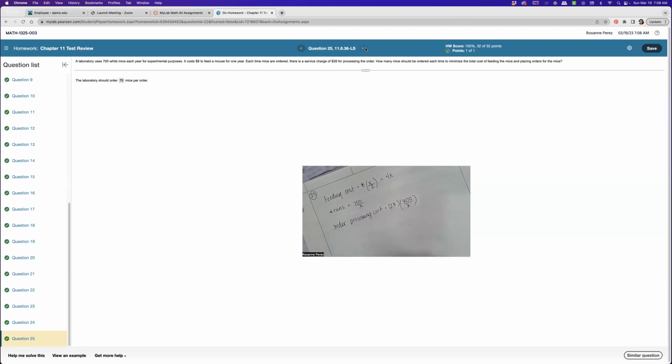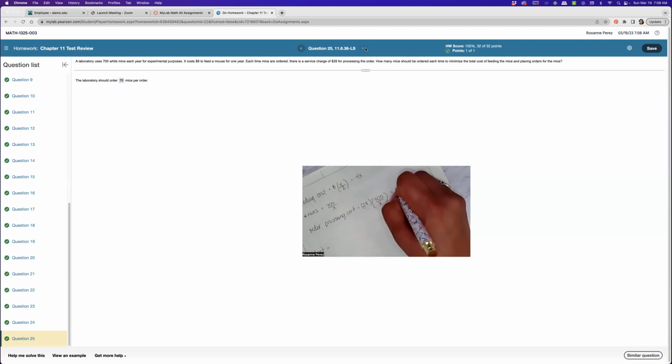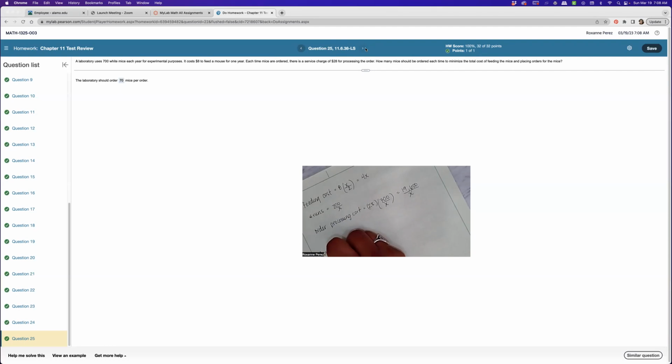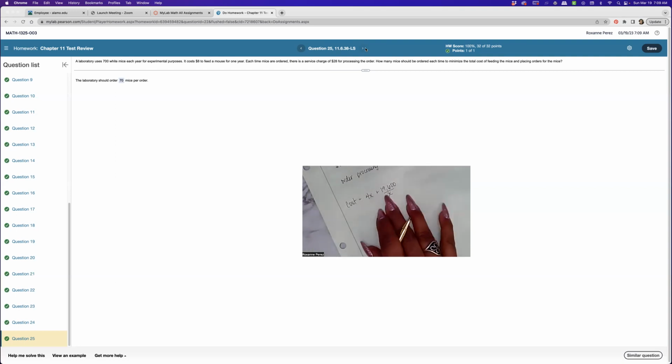Okay, so again, your cost function is your feeding cost plus your order processing cost. And this is going to equal 19,600 over x. Okay. So your cost is going to be 4x plus 19,600 over x. Okay. And again, we want to minimize our cost.